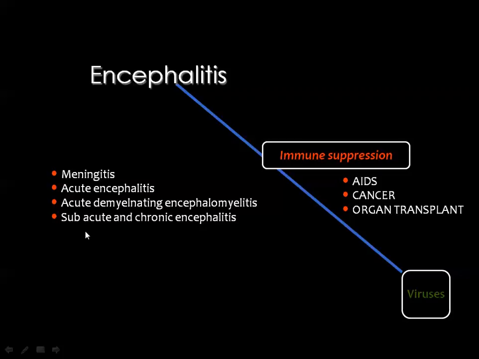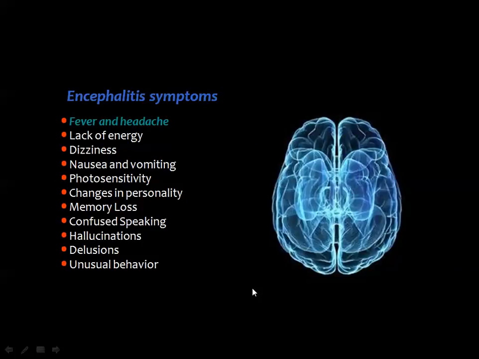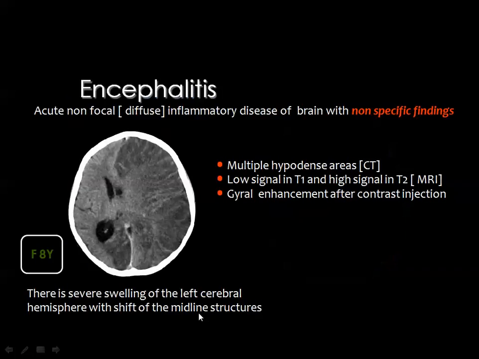And there are other forms of subacute and chronic encephalitis. Then the symptoms of encephalitis usually include fever and headache, and some other manifestations, such as lack of energy, dizziness, nausea, and vomiting, and some changes in the personality, and so on.